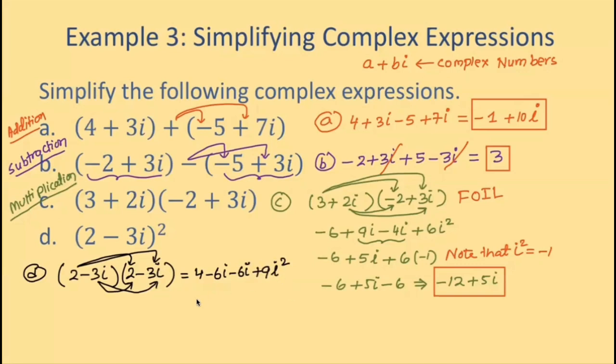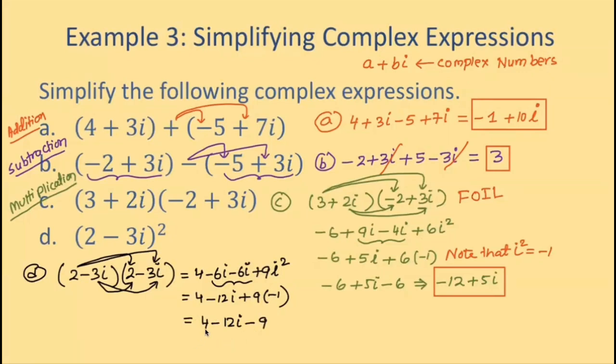Then you start plugging in values and combining like terms. When you combine the like terms there, negative 6i, negative 6i is negative 12i, plus 9 times i squared. i squared is negative 1, so we plug in the value of i squared, just like here. 4 minus 12i, and then positive 9 times negative 1. 9 times 1 is 9, but positive and negative will make negative, so minus 9.